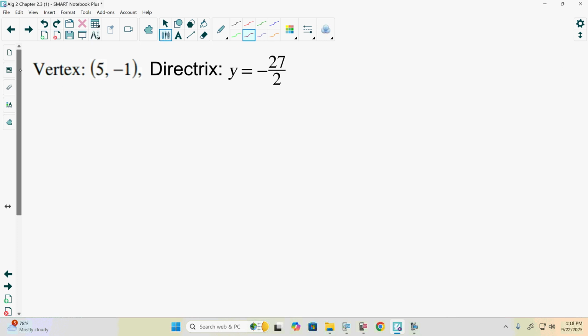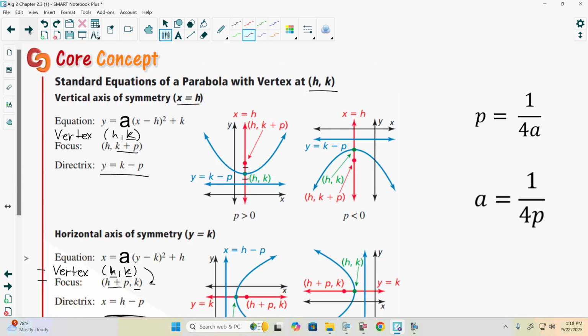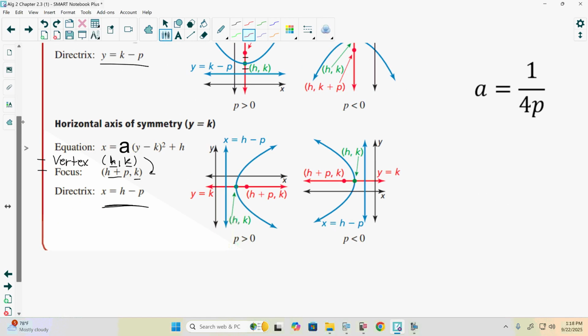Because directrix, and we can look back at the general form, comes in one of two forms: x equals or y equals. Y equals k minus p. Well, k minus p is just a number. So y equals a number or x equals a number. If it's y equals, it's the y equals equation.